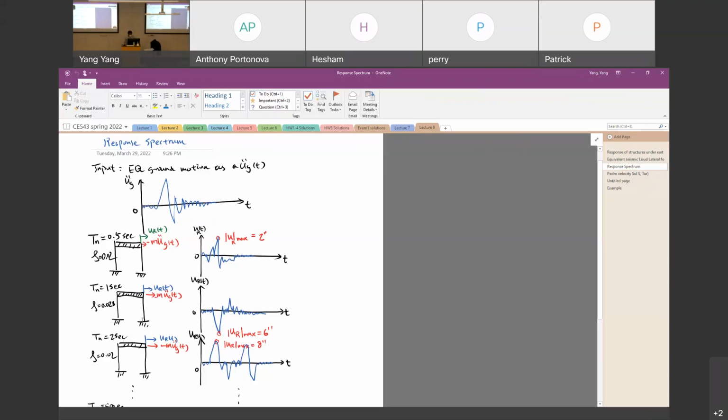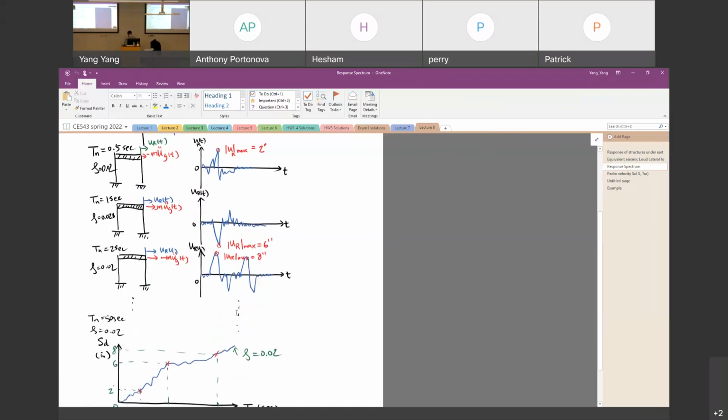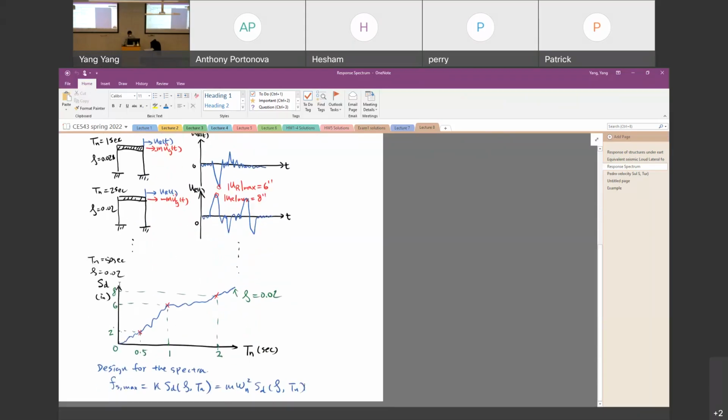So basically, we can select multiple values for the natural period of the structure. For example, if we have a natural period equal to 1 second, 2 seconds, the response will be a little bit different. So the maximum response will be different. Right? So our goal is to obtain the relationship between the maximum displacement and the natural period of the structure. If we select an adequate number of natural periods, we should be able to get a curve like this.